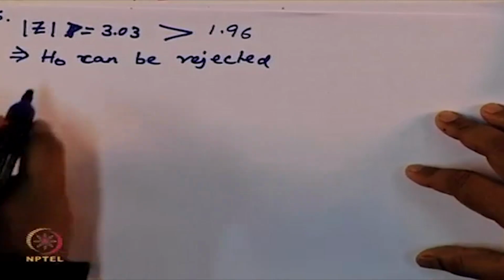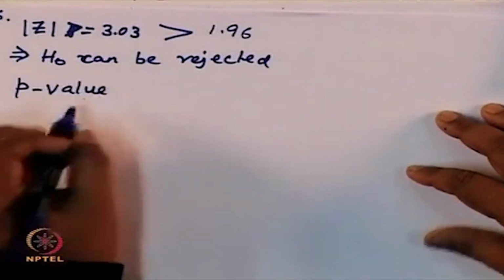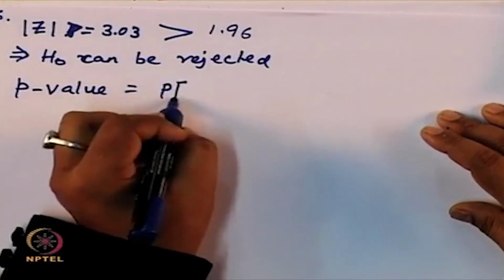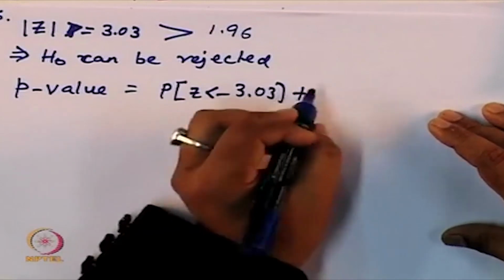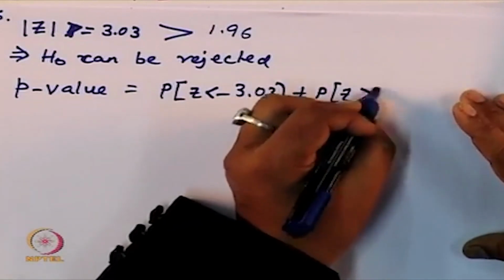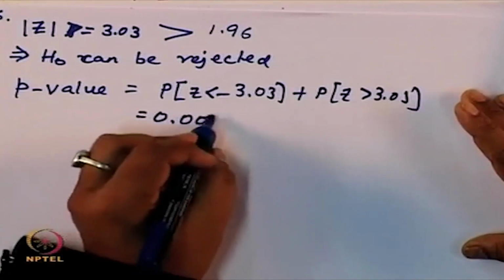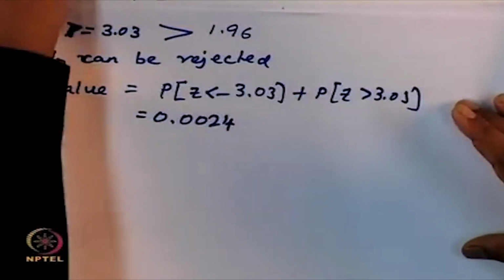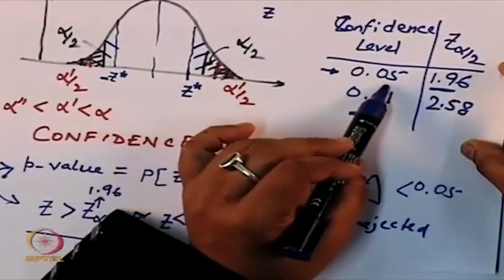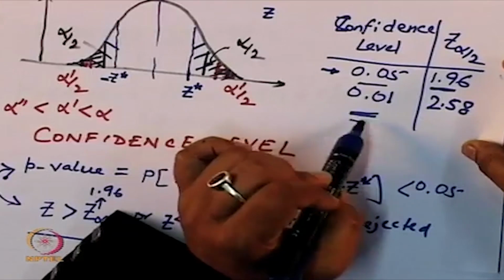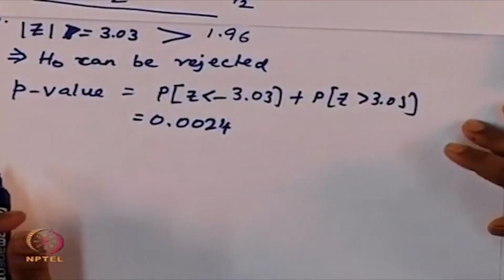If I calculate the p value, it would be given by the probability of z less than minus 3.03 plus the probability of z greater than 3.03, and you get a value of 0.0024. If you look at these values, your 5% level is 0.05 and your 1% level is 0.01.